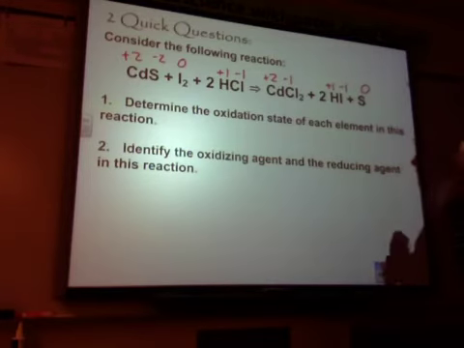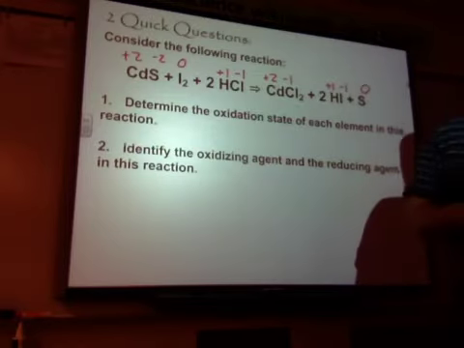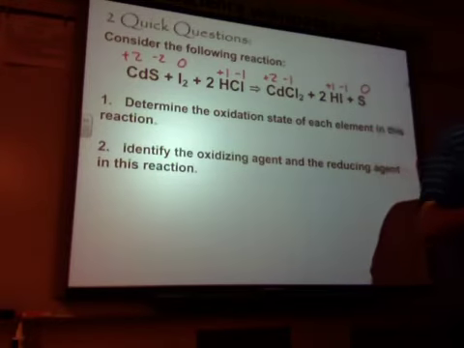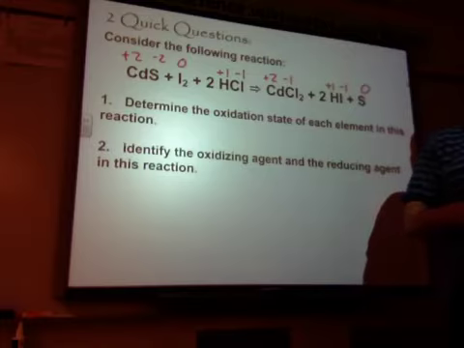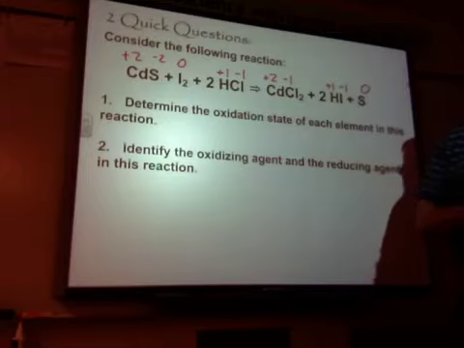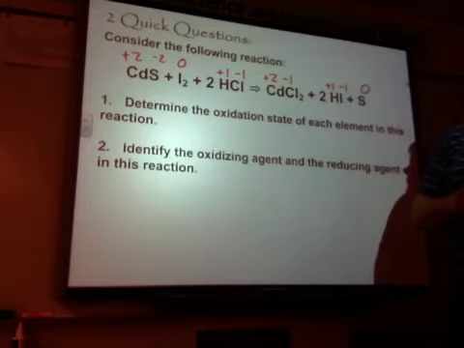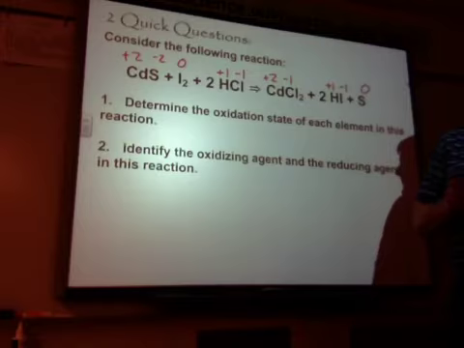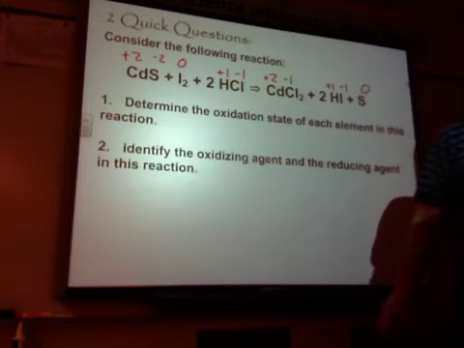Now, what is the oxidizing agent? Well, what do we know about the oxidizing agent? It causes something else to be oxidized, which means that it is reduced. What do we have up here that is reduced in charge? Sulfide. Nope. Iodine.